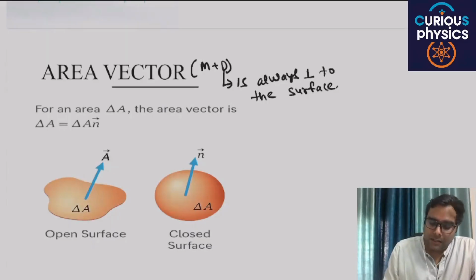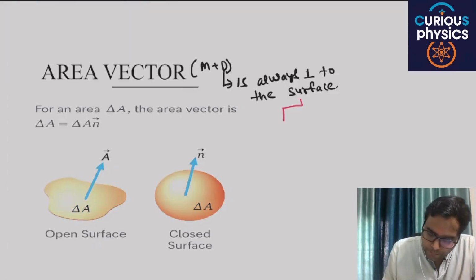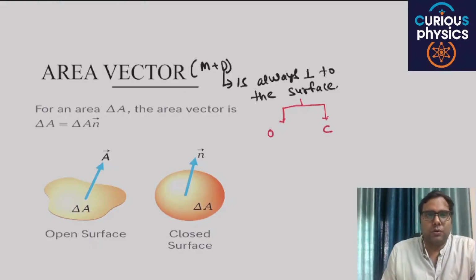And surfaces are of two types: one is open surface and the other is closed surface.